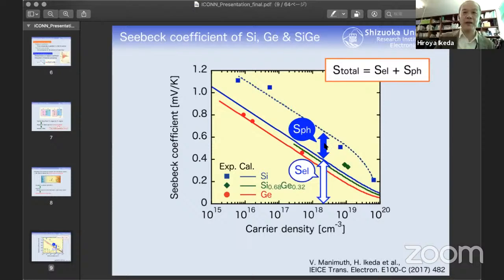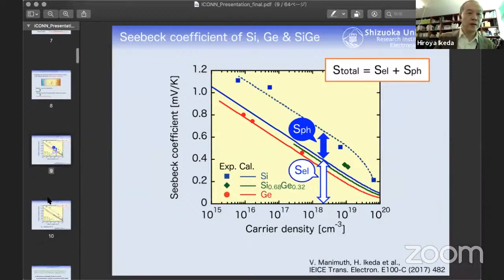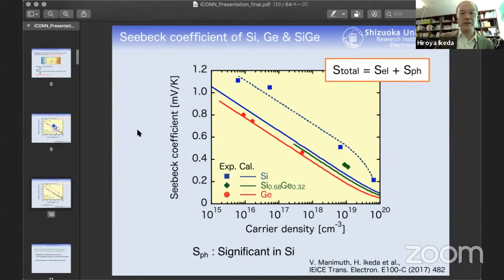This difference corresponds to the phonon drag component in the Seebeck coefficient. In this graph, the results for silicon germanium are also plotted like this. You can see that in the silicon case, the phonon drag component is much larger than in the silicon germanium and germanium cases, so we focus on silicon for investigating the phonon drag effect.